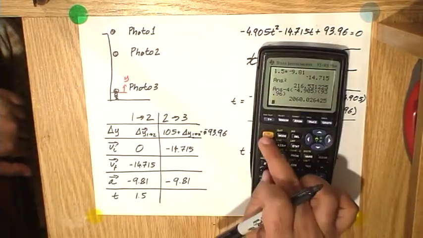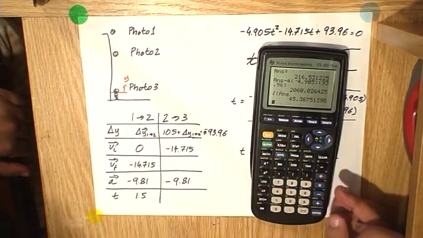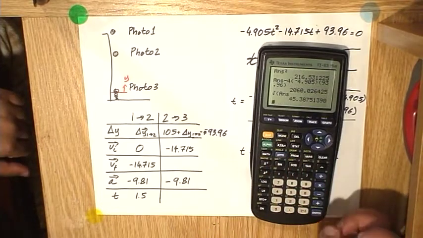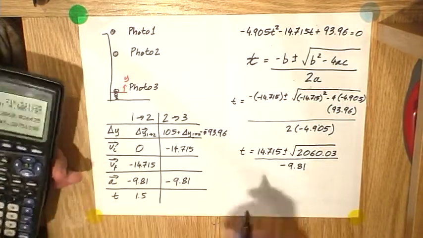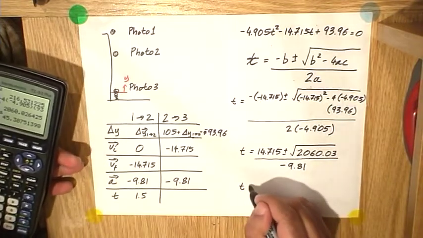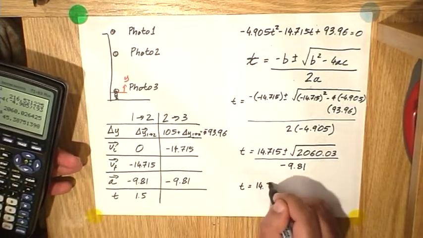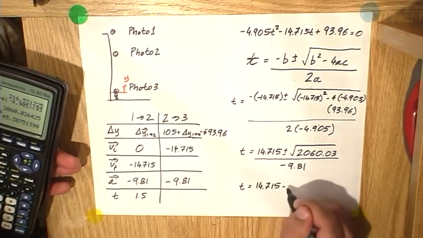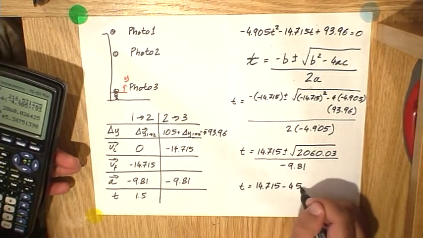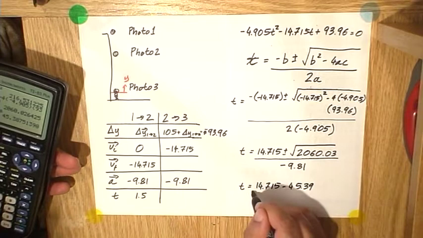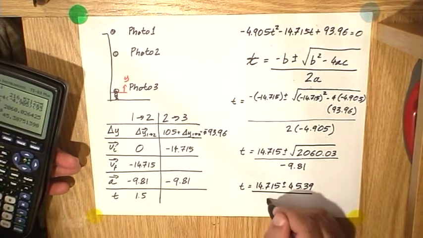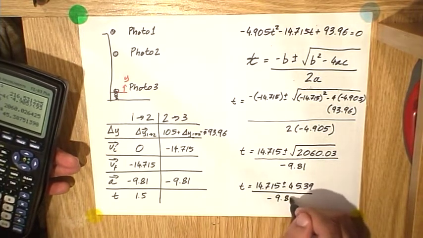The square root of 2060 is 45.39. So we now have t is equal to 14.715 minus 45.39, plus or minus, divided by negative 9.81.